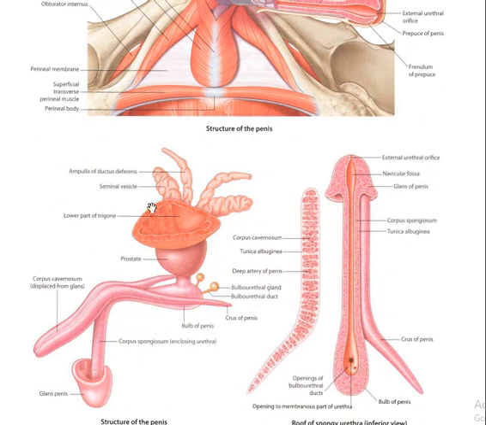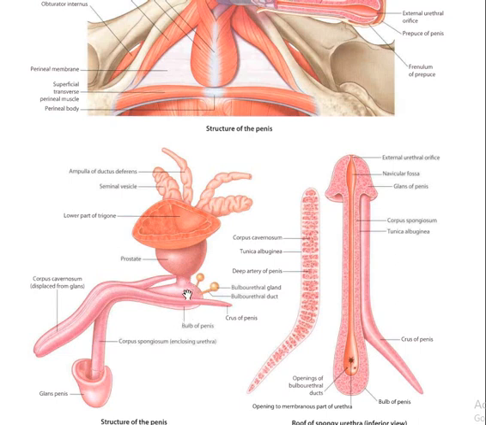So now here you can see the posterior section of the bladder and the prostate. Here you have the ampulla of the ductus deferens, and the seminal vesicles. Here is going to be the lower trigone of your bladder. This is your prostate gland. Internally you have the urethra, then you have the bulbourethral glands, which give fluid production and come here to the bulb of the penis.